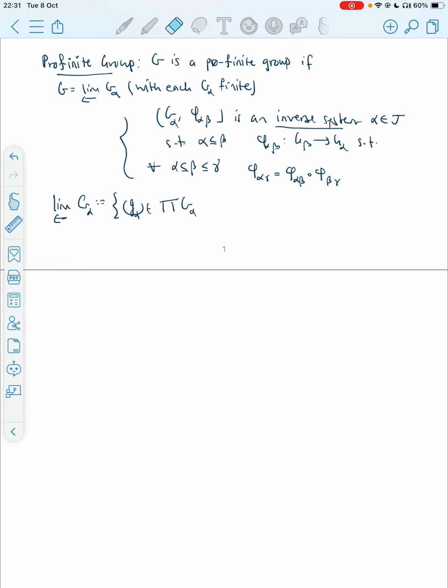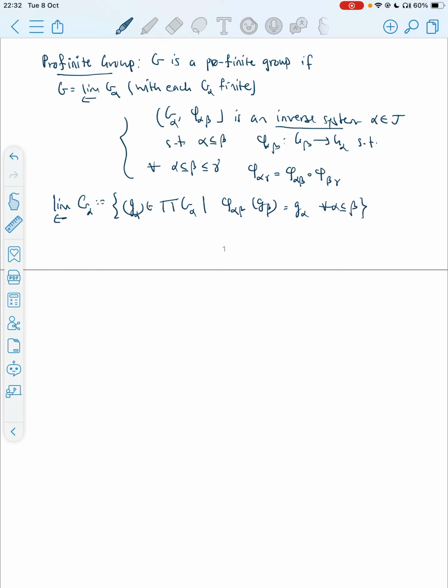So these are direct products of these things, such that you can take the beta coordinate and you can go to the alpha coordinate by this map. They should match with the alpha coordinate. This should hold whenever alpha is less than or equal to beta. That's the inverse limit of G alpha, and it's a profinite group if those G alphas are indeed finite groups.